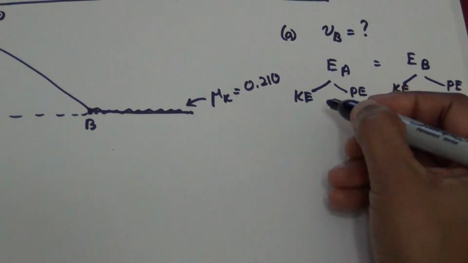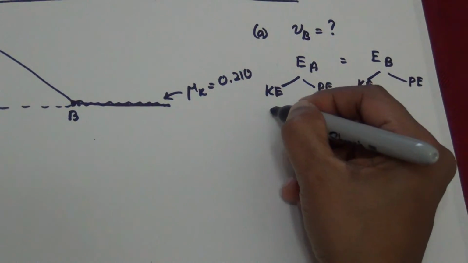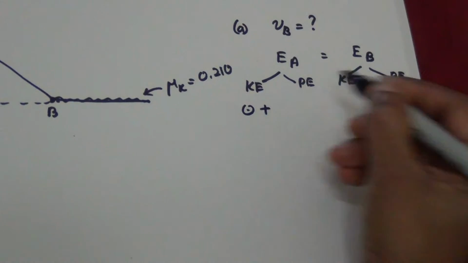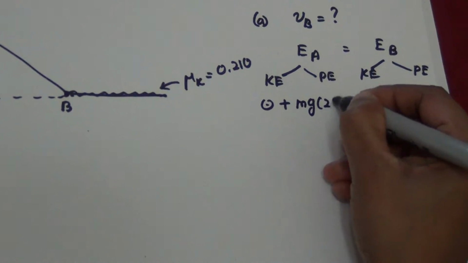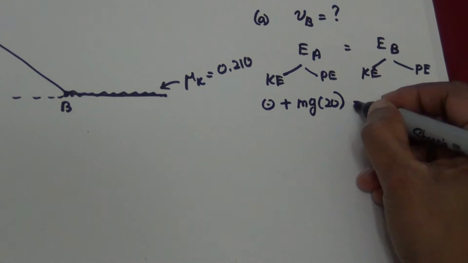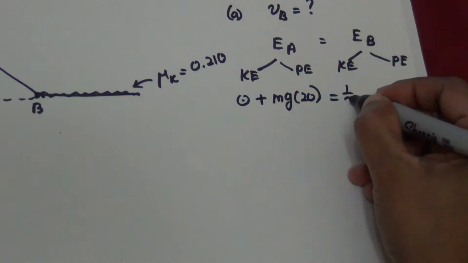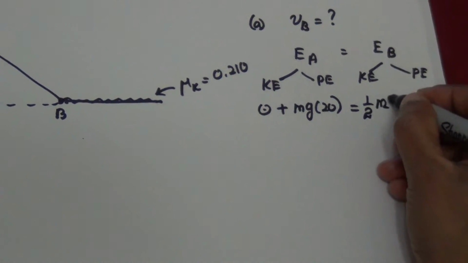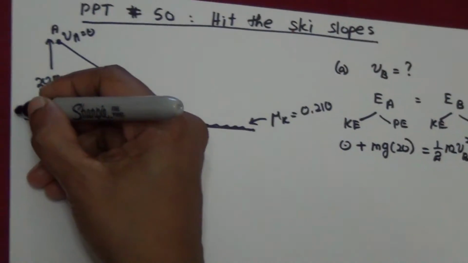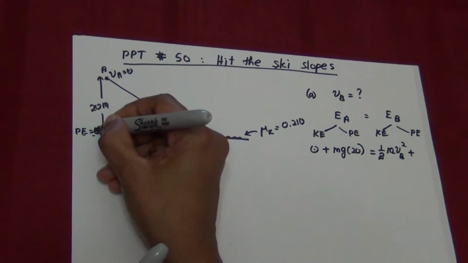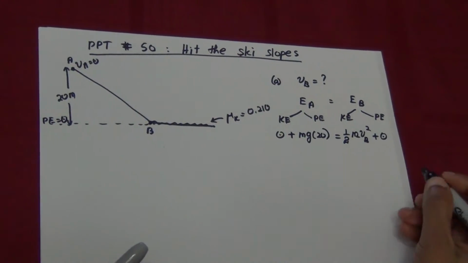Here we start from rest, so velocity is 0, so 1/2 mv squared is 0, potential energy mg20, and here that's the velocity we are going to find, and the ground is my 0 potential energy, so 0.